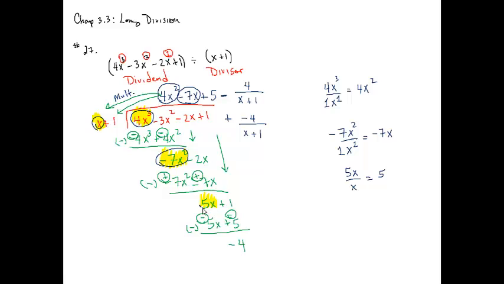Multiply, subtract, get a new first term, and finally at the end you end up with just a constant, and negative 4 cannot be divided by x, right? Therefore that has to be my remainder, and you write it out. You have two options, either negative 4 over x plus 1 or plus negative 4 over x plus 1.